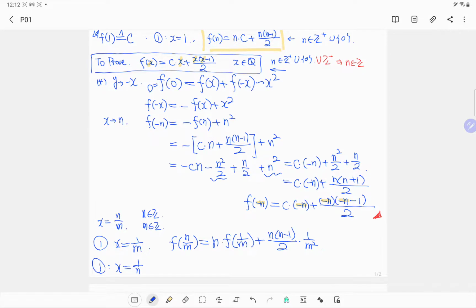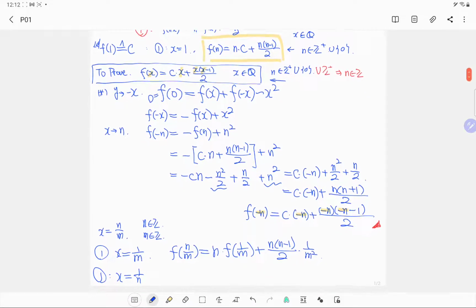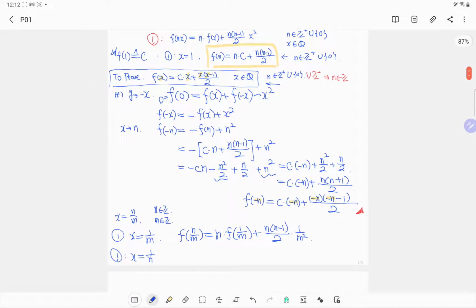So we have on the left side f of n times 1 over n, which is 1, and then equals n times f of 1 over n plus (n minus 1) over 2 times 1 over n squared.